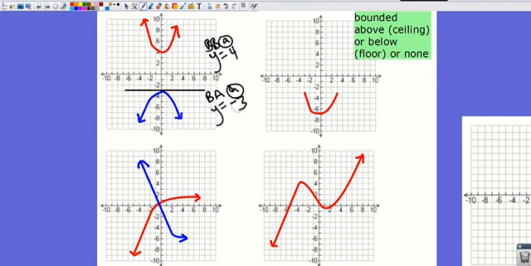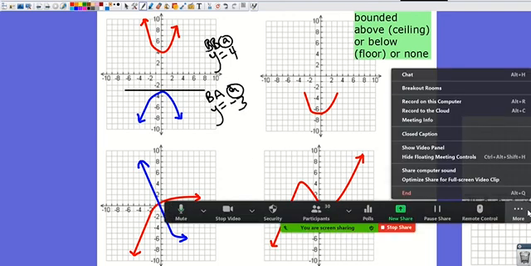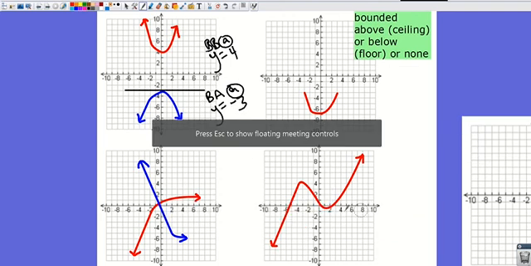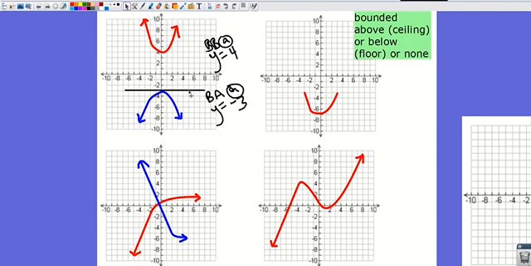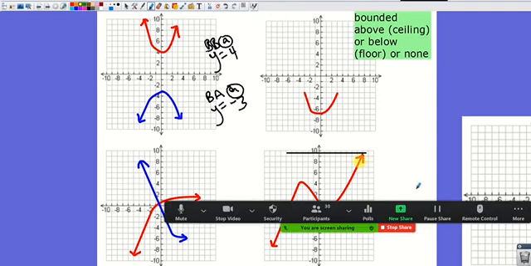All right. I want to jump to the fourth example, right over here, and show you a situation where it's not bounded by anything. There's no ceiling or no floor, and that's really easy. Is there a ceiling here? No, because this yellow arrowhead will cross the black.